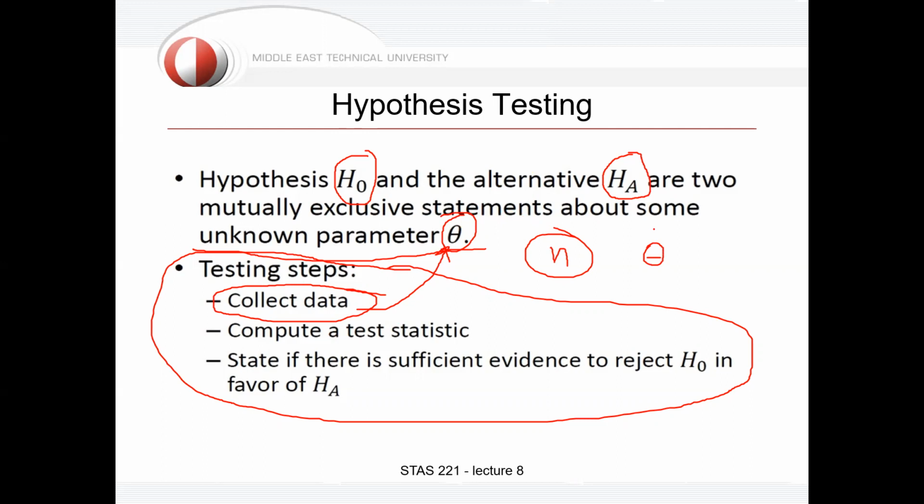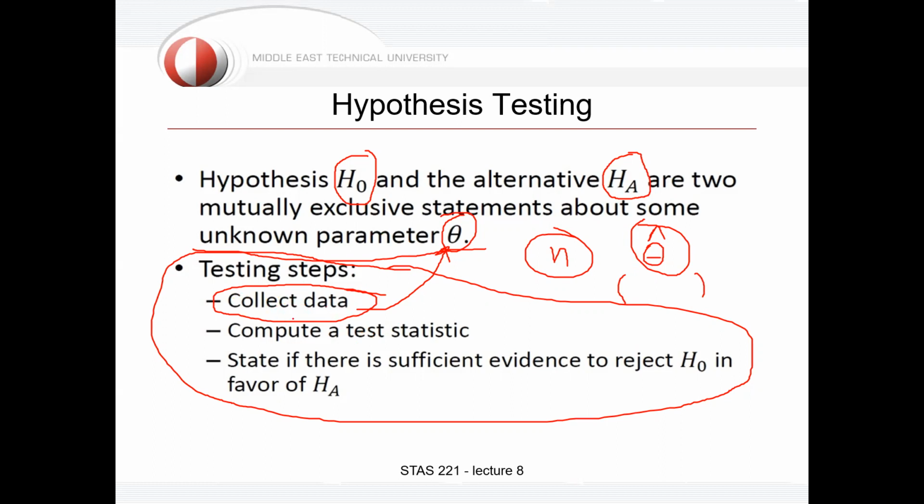So since we are estimating that, we call it theta hat in that case. And this is a point estimator, and we said also it is possible to use confidence intervals. So first step is to collect the data. It means that to take a sample.